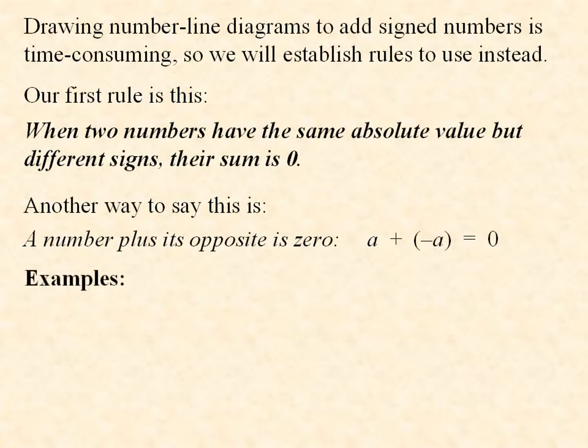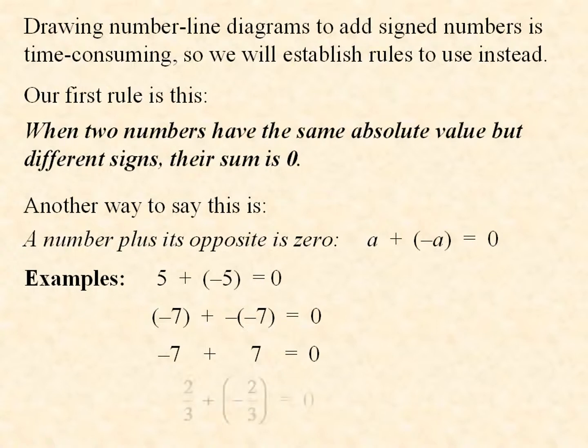Here are some examples. We just saw that 5 plus negative 5 is 0. Likewise, negative 7 plus the opposite of negative 7 is 0, which is equivalent to negative 7 plus 7 equals 0. And 2/3 plus negative 2/3 is 0.